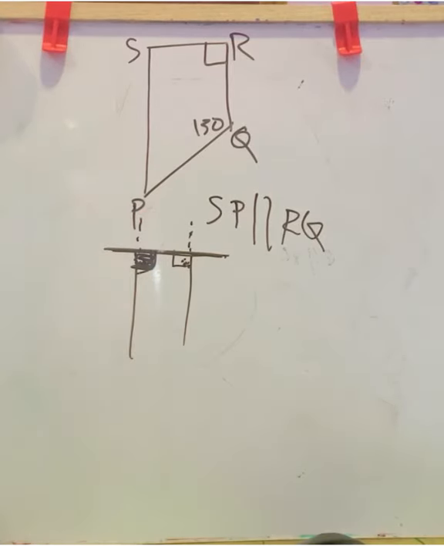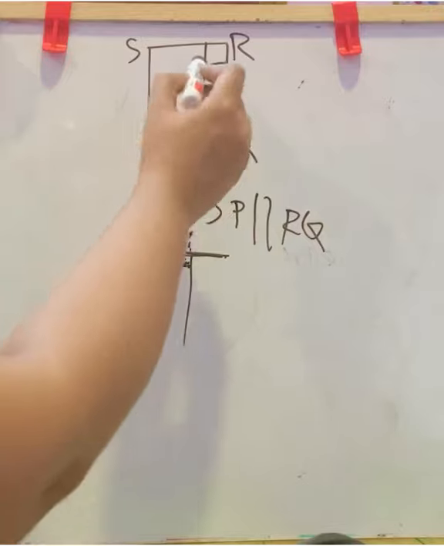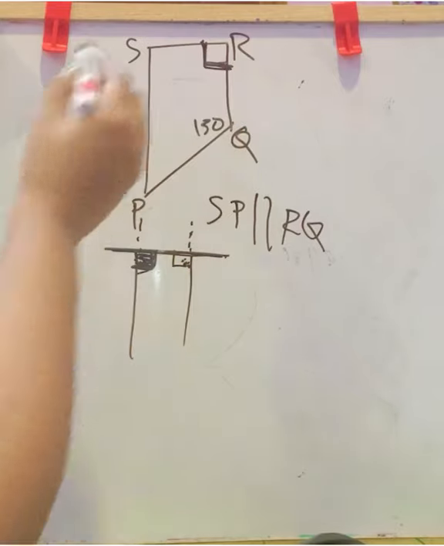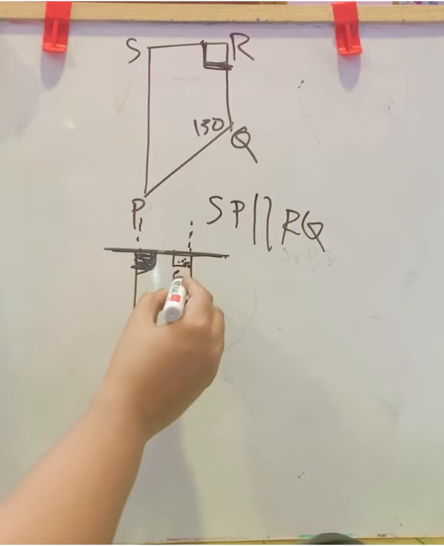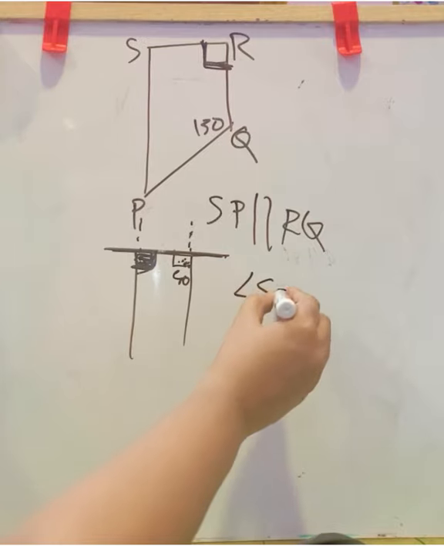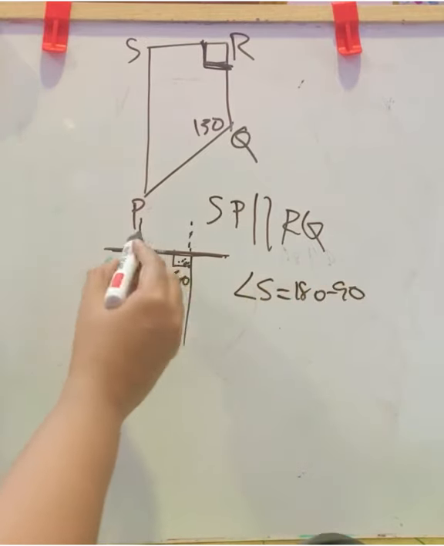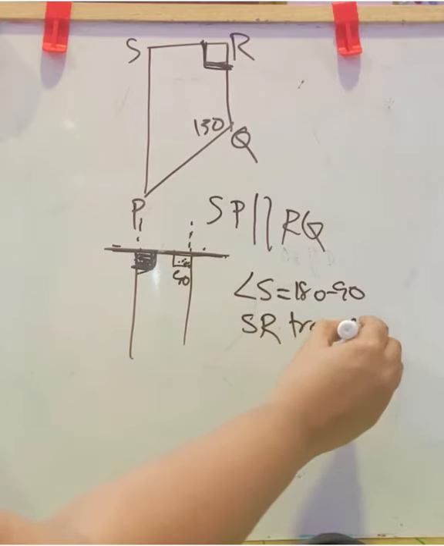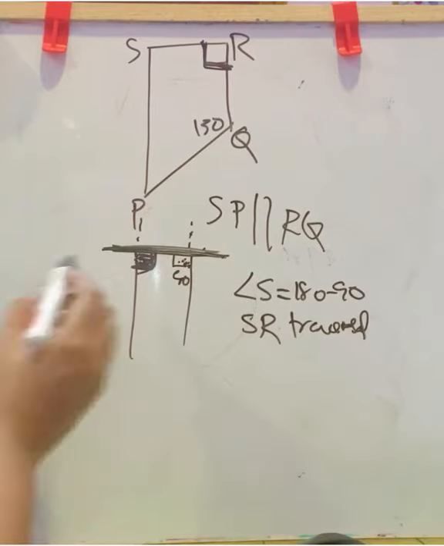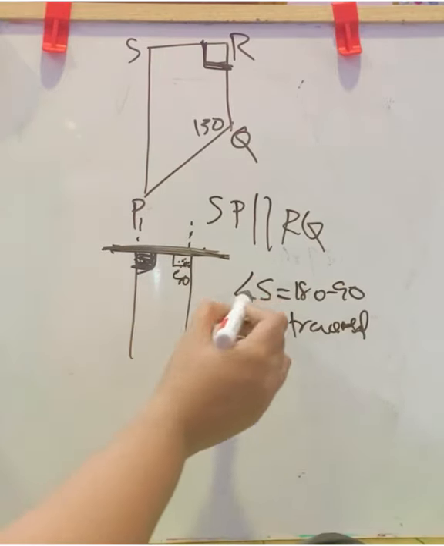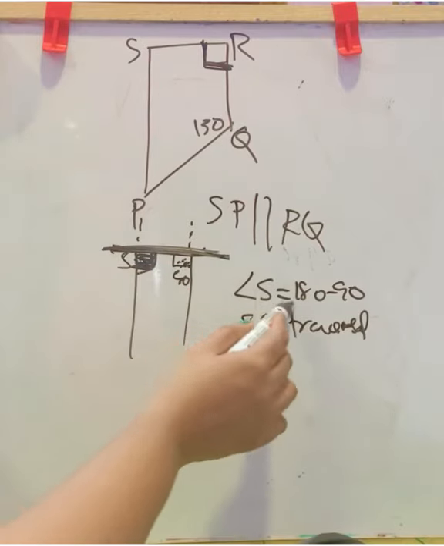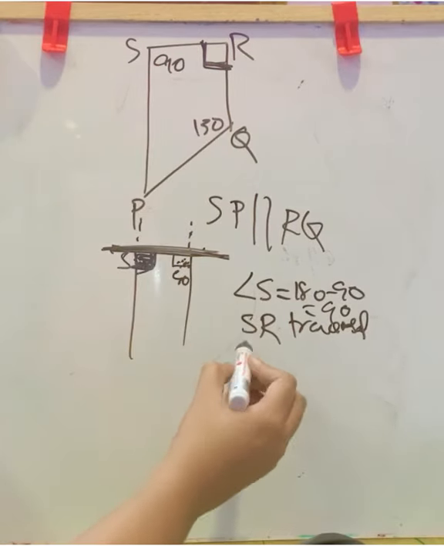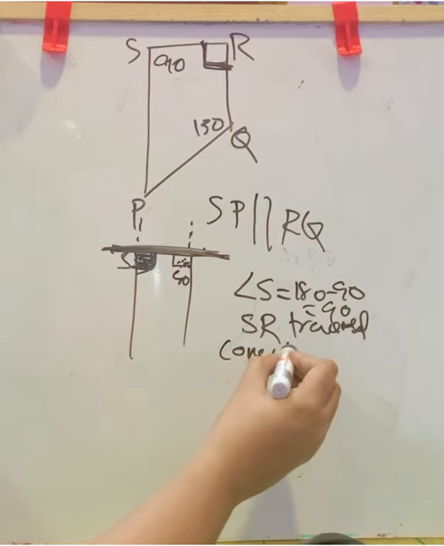And we know consecutive interior angle sum is 180. Here it is shown from the figure itself, it is 90 degree. That is why they mark the angle like this, square. So, if this is 90, then angle S will be 180 minus 90 considering SR transversal. This is also 90. Reason is consecutive interior angles.